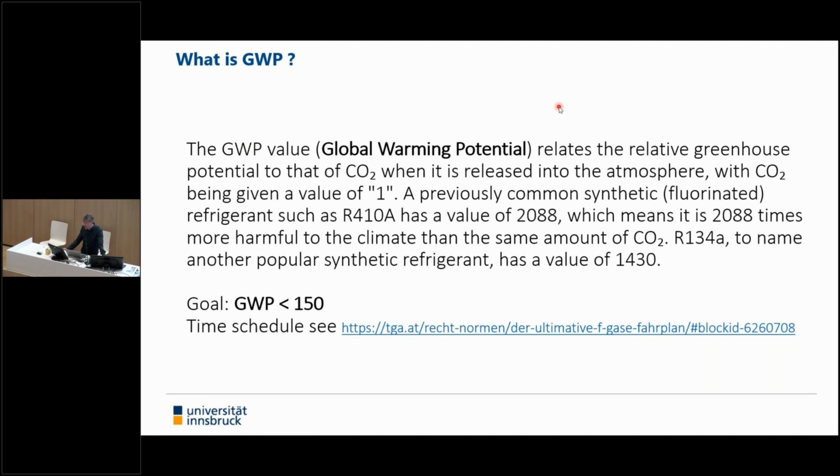So you see, it's important to be careful with this type of gases. Don't release them to the atmosphere to avoid this global warming. Other example is R134A, other refrigerant. This has a GWP of 1,430. So you see really big values.